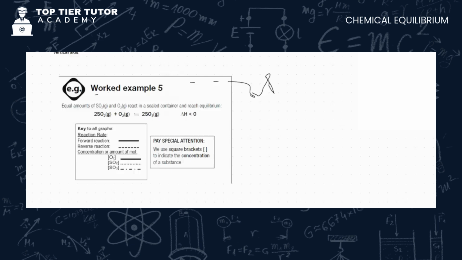So on the left-hand side, we have 2 moles of sulfur dioxide reacting with 1 mole of oxygen to produce 2 moles. On the left, we have 3 moles being reacted, and we have 2 moles being produced on the right.